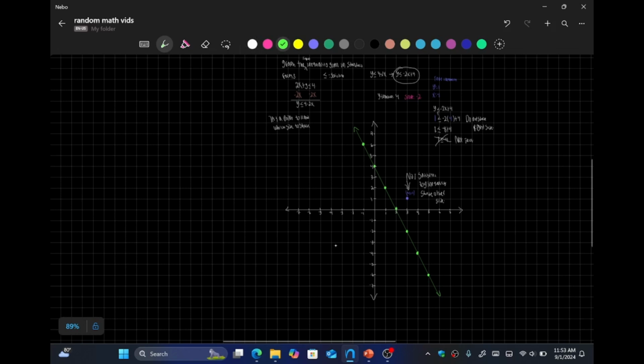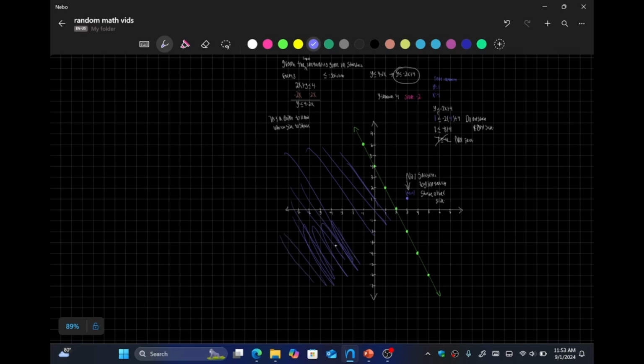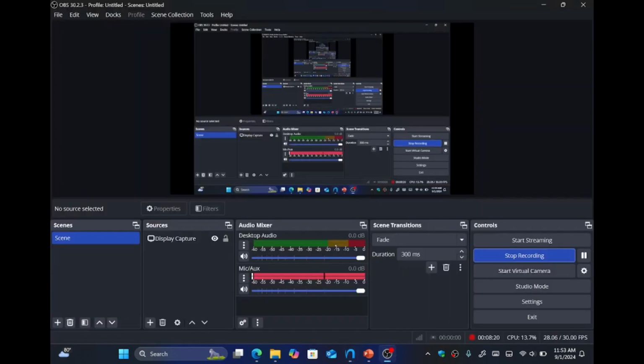So let's go ahead and just shade to the left of the line that we just graphed, right? So that is how we would graph this inequality, guys. I do apologize if it takes me a minute, but that is going to be how we do this problem.